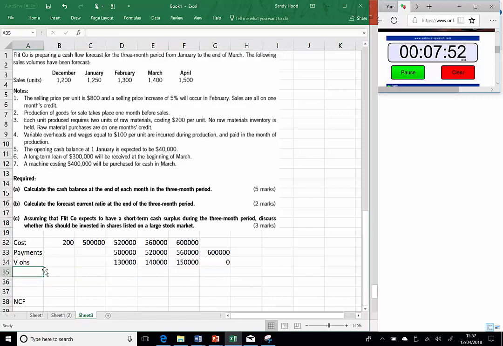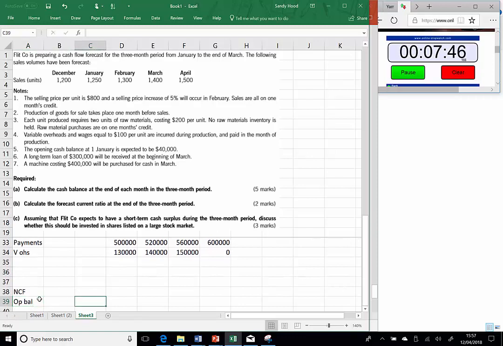I'm not quite as bad as I thought. Opening balance at the beginning of January is 40,000. My net cash flow I'm not sure of yet.